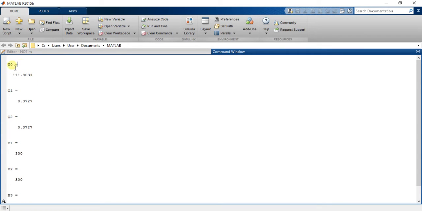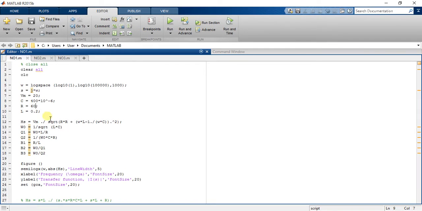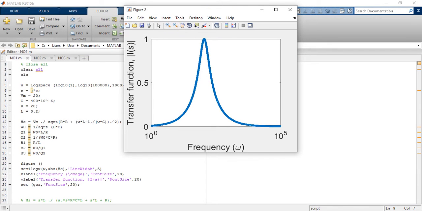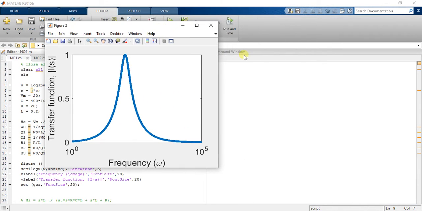Now we substitute the value of R with 20 ohm for quality factor 3 and run the code again. We get this graph and see the calculation.